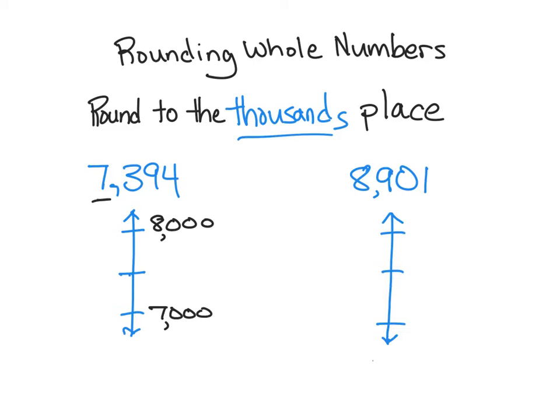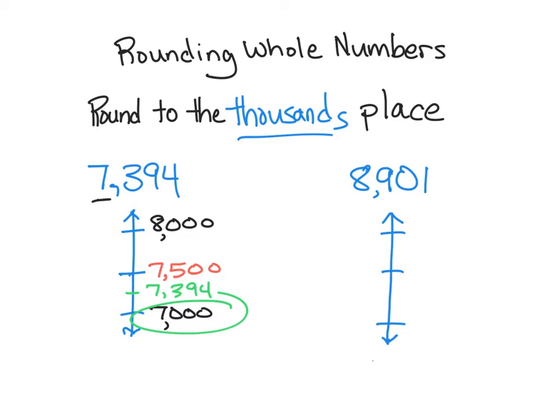Now, halfway between 7,000 and 8,000, we would have 7,500. So now when we plug the number in, 7,394, we simply ask, is that bigger or smaller than 7,500? It would be smaller. So we would place it in on our number line right here. And we would determine that that number rounds to 7,000.